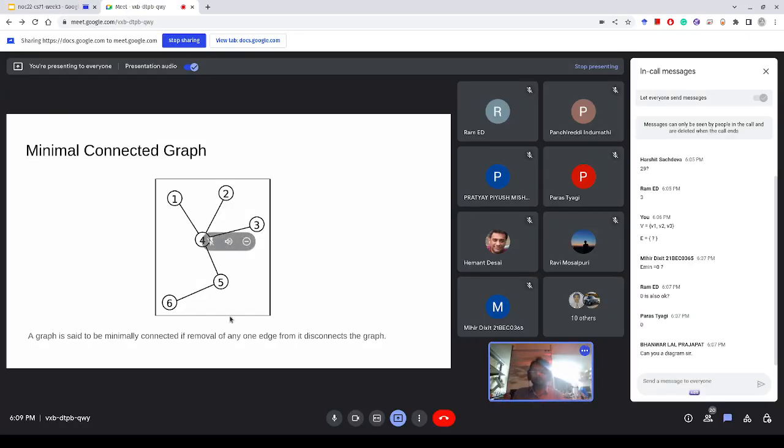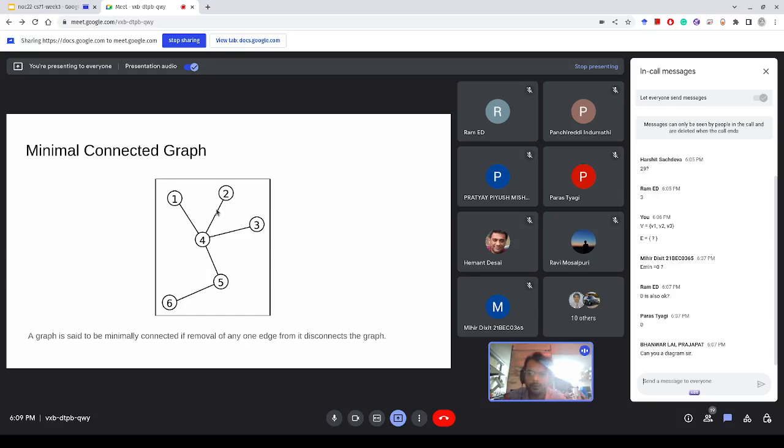So a connected graph is a graph in which, whenever you pick any two vertices, you are going to find a path that connects them. And a minimal connected graph is one in which if you remove any of the edges, then the graph goes from connected to disconnected. Disconnected just means that there is a pair of vertices for which you won't find any path between them.